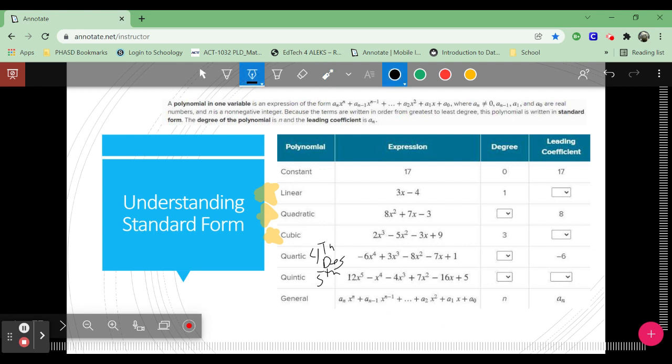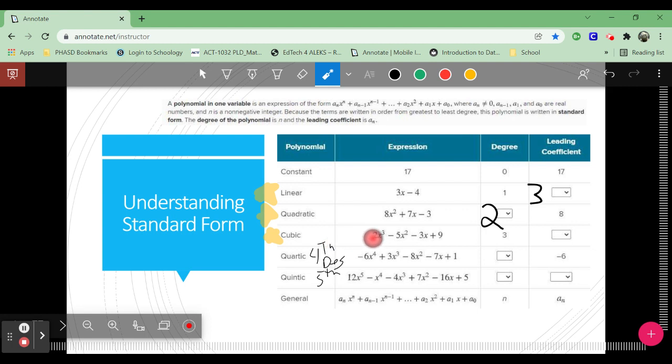And so to fill out this chart, the degree at this level is 1, x to the first. The leading coefficient, the first number I come to, is 3. The degree here is 2. That's why it's quadratic. The leading coefficient is 8. At this level, the degree of the first term is 3.